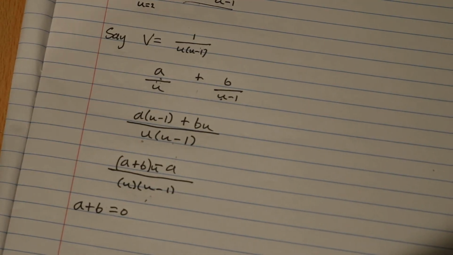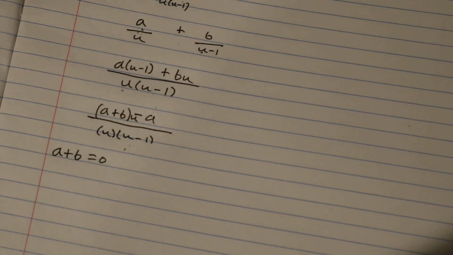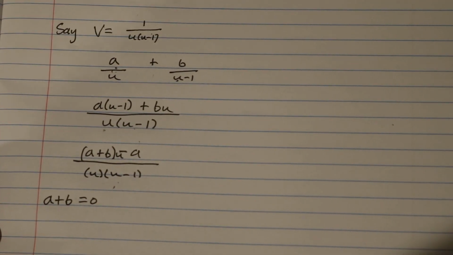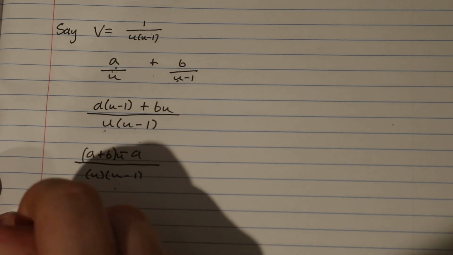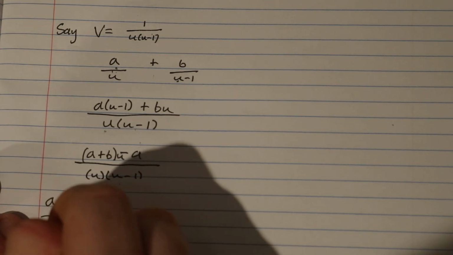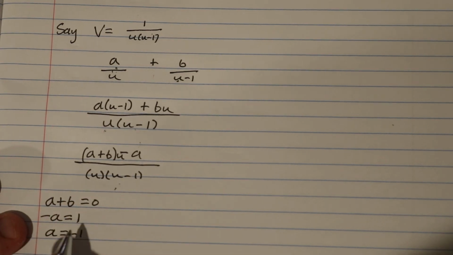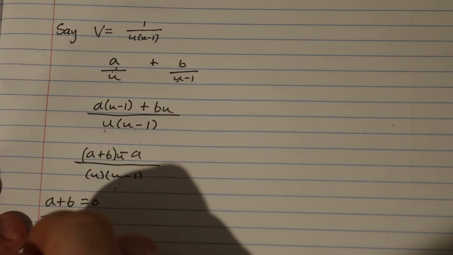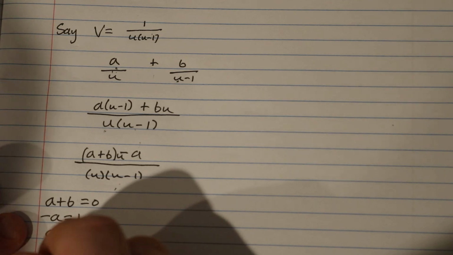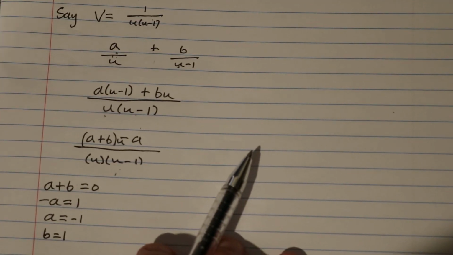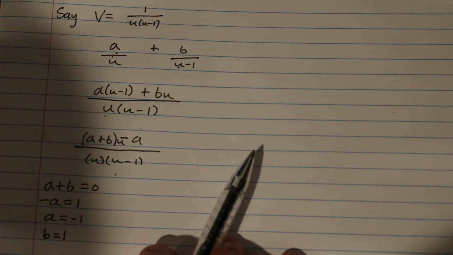But we also know that the constant part has to be 1. So minus a is going to be 1. And from that, we get a is equal to minus 1, and that means b is equal to 1. That satisfies both of the simultaneous equations that were formed from the partial fraction method.